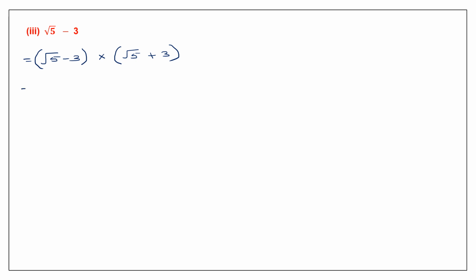Now here root 5 minus 3 and root 5 plus 3 can be taken as a plus b into a minus b, and we can apply this formula. So a plus b into a minus b, the identity is a square minus b square. So a square, that is root 5 the whole square, minus 3 square.